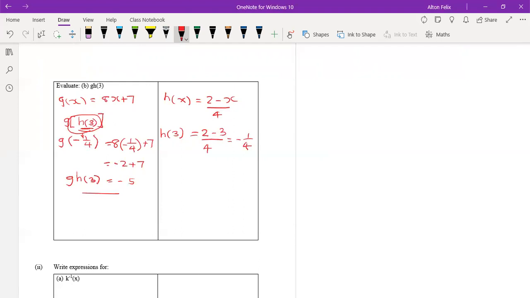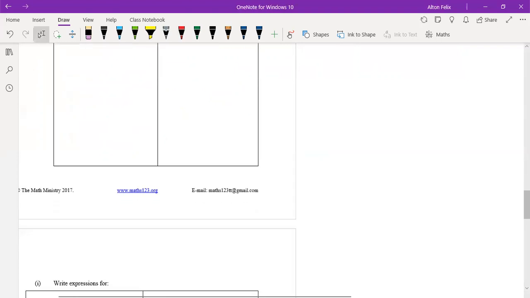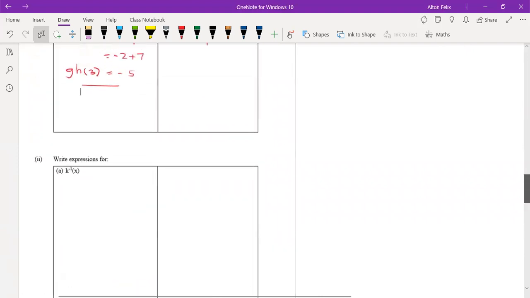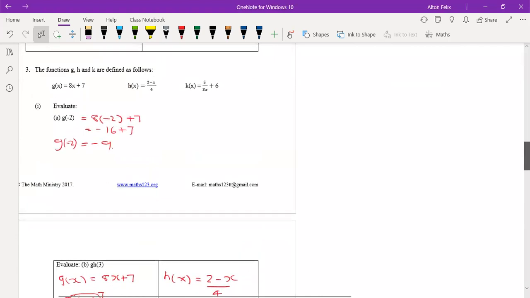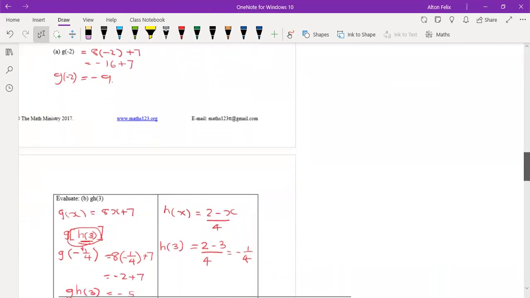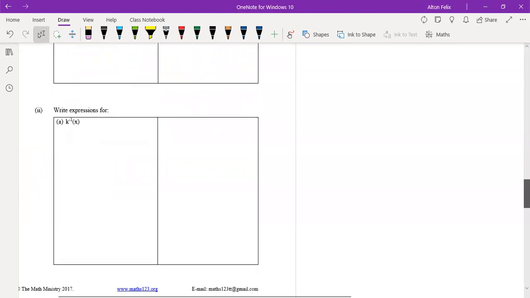Okay, let's go to the next problem in part 2. Let's remind ourselves, what is this k function now? The k function is 5 over 3x plus 6. That's an interesting one.